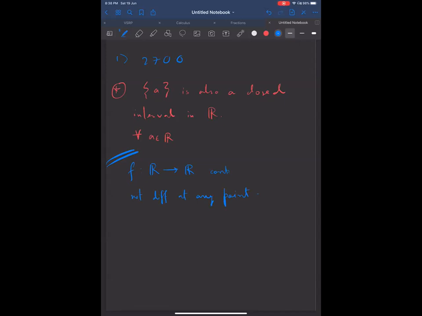This is called the Weierstrass function. You can look it up and see how the function looks. It's a very interesting example.